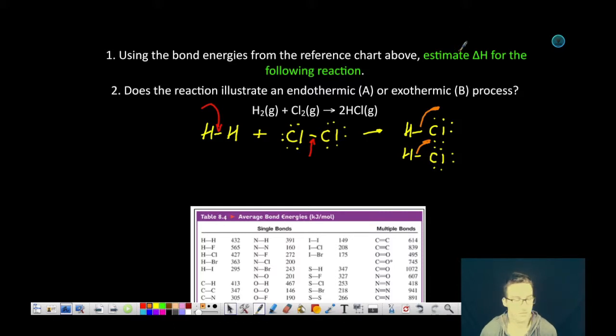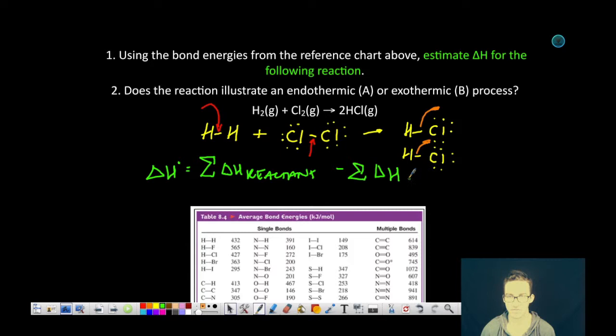And to figure that out, we're going to use the equation where the delta H of the reaction is equal to the sum of the enthalpy changes in the breaking of those reactant bonds minus the sum of the enthalpy change as the energy is released from the formation of those product bonds.